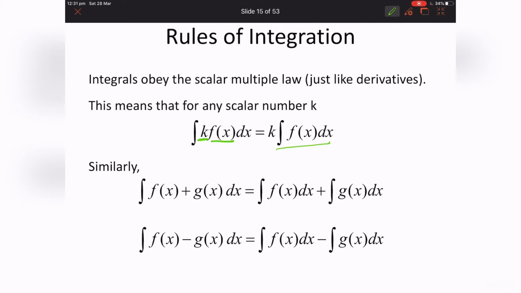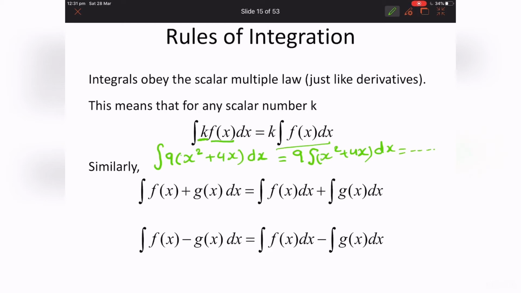Just quickly an example, if we have the integration of 9 x squared plus 4x dx, then we can take the 9 outside and write the integration of x squared plus 4x dx, and then we can integrate and carry on.